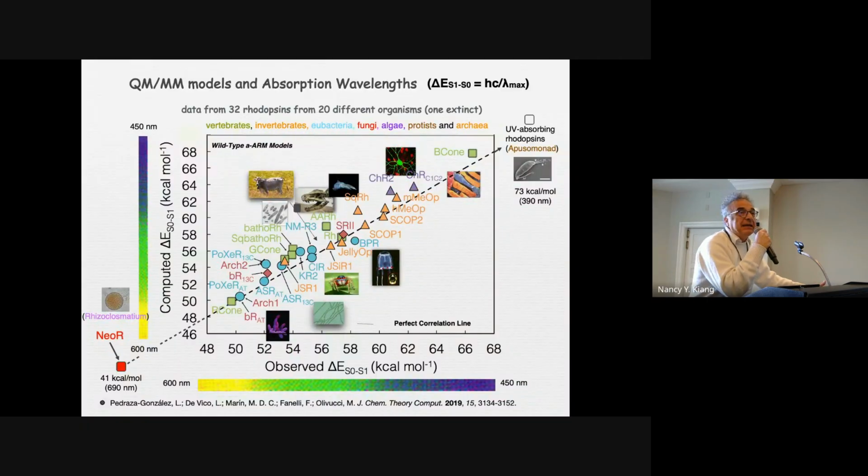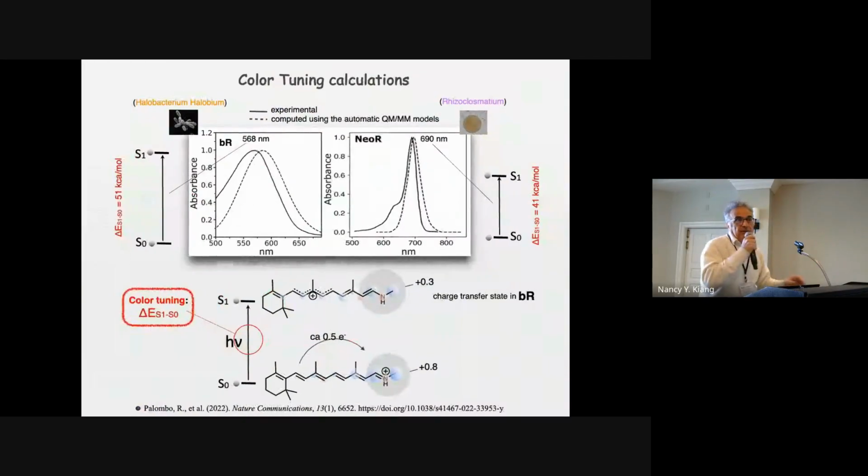The big deal here, from the scientific point of view, is to understand how the protein environment is actually tuning the properties of exactly the same chromophore. That is the target that was mainly the subject of our research during recent years, and I'll show you some results of that.